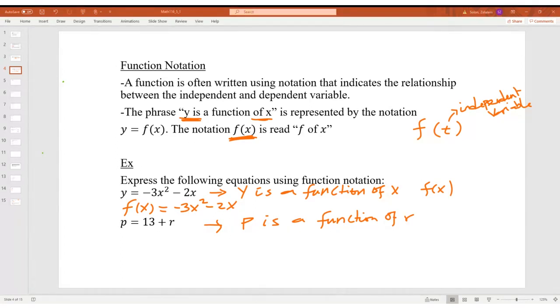P equals 13 plus r. Okay, type on the chat.